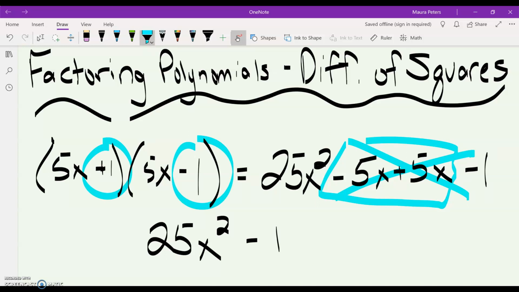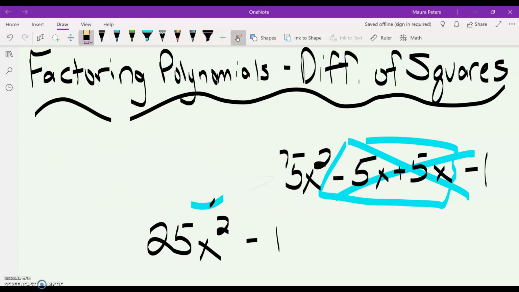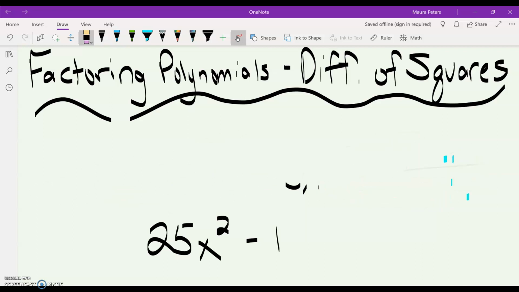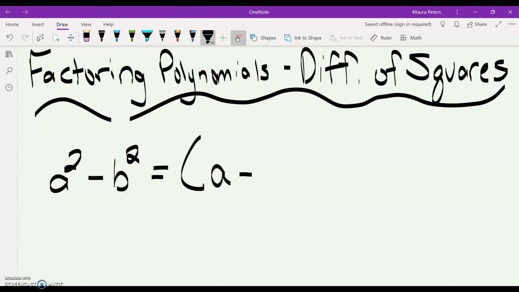Okay. So what we're going to talk about today is factoring polynomials. So, working backwards here, in order to factor a difference of squares, the general rule is if we have a squared minus b squared, we're able to rewrite this as a plus b times a minus b.